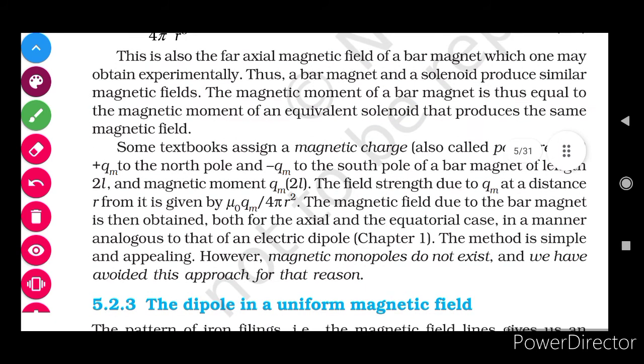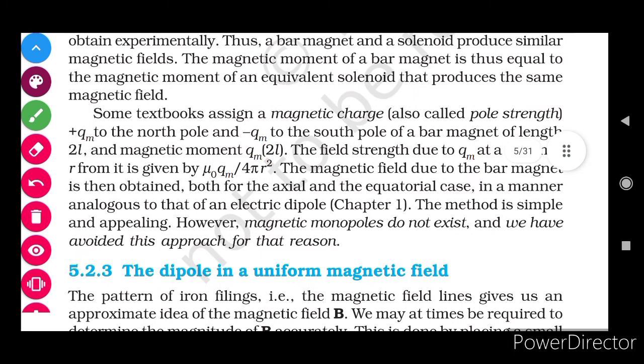Now some textbooks assign a magnetic charge, also called pole strength, plus qm to the north pole and minus qm to the south pole of a bar magnet of length 2l and magnetic moment qm times 2l. This is written in other textbooks, but here it is avoided, and the reason is straightforward: magnetic monopoles do not exist.